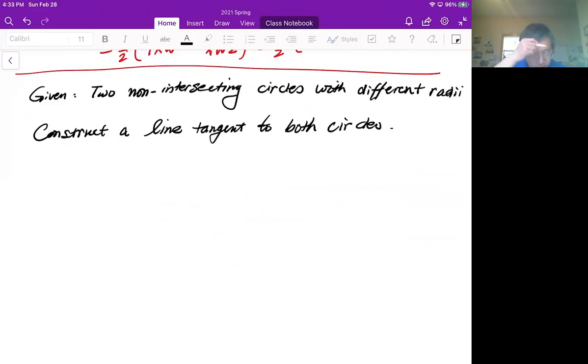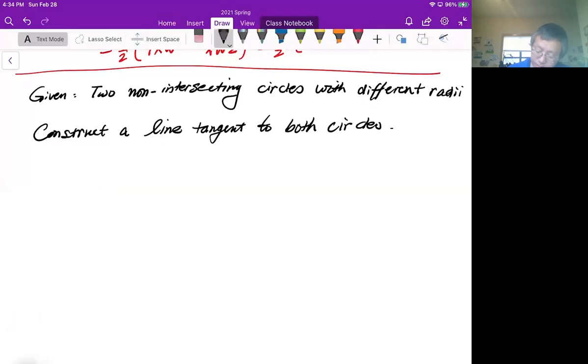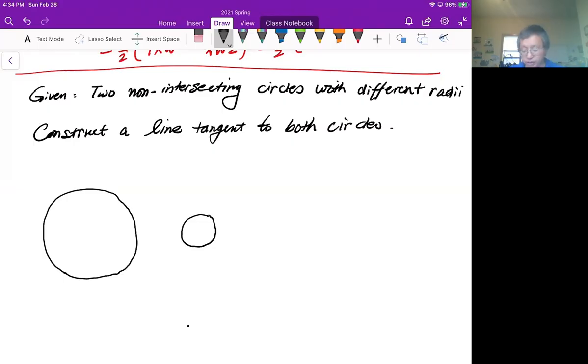So first of all, suppose we have two of these. Let's say we get a bigger one and a small one, right? We get two circles, and I want to get the tangent line tangent to both of the circles.